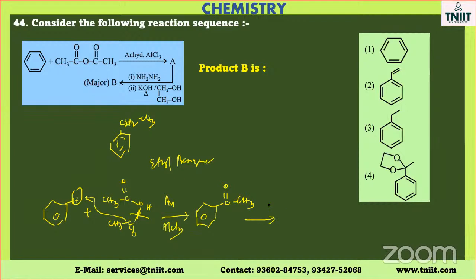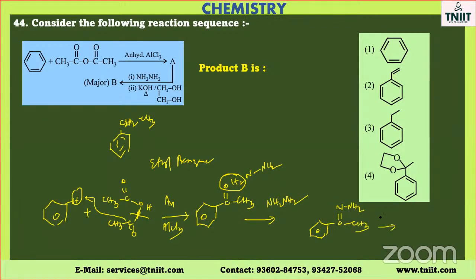When we allow it to react with hydrazine, H2N NH2, what happens? This H2O gets eliminated. So we get a benzene ring, we get C double bond N NH2, and we have a CH3 group.